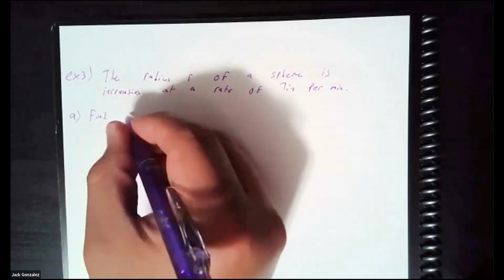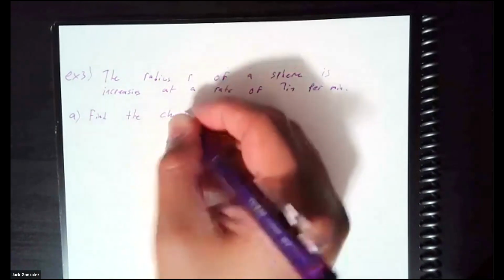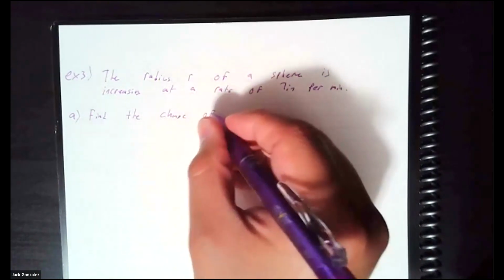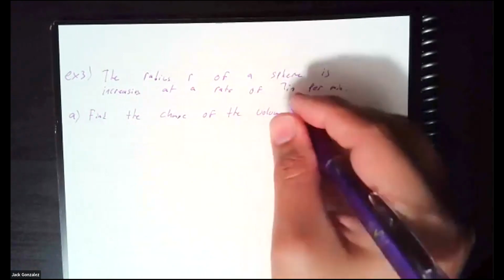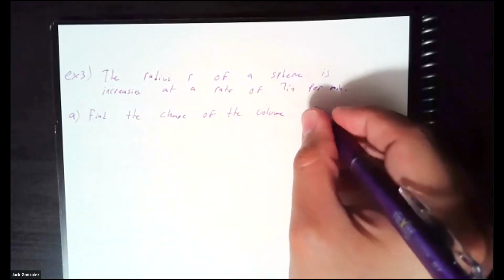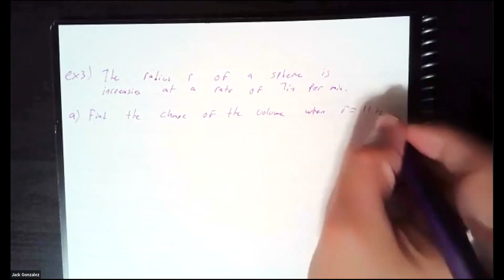Part A says, find the change of the volume when r is equal to 11 inches.